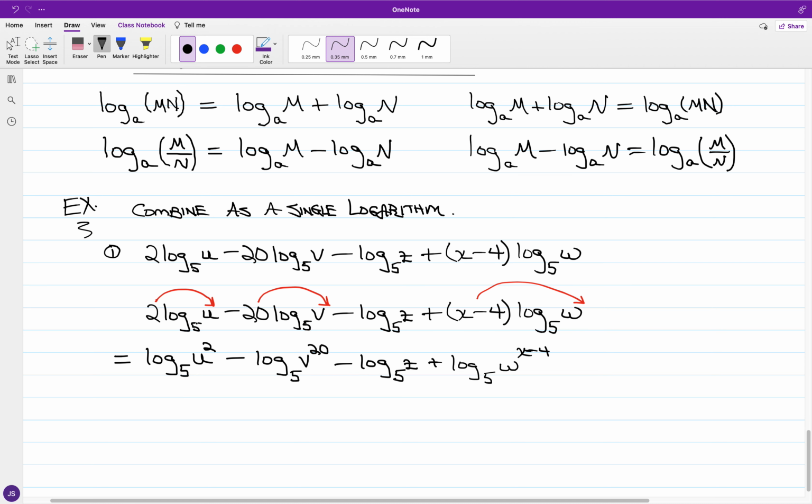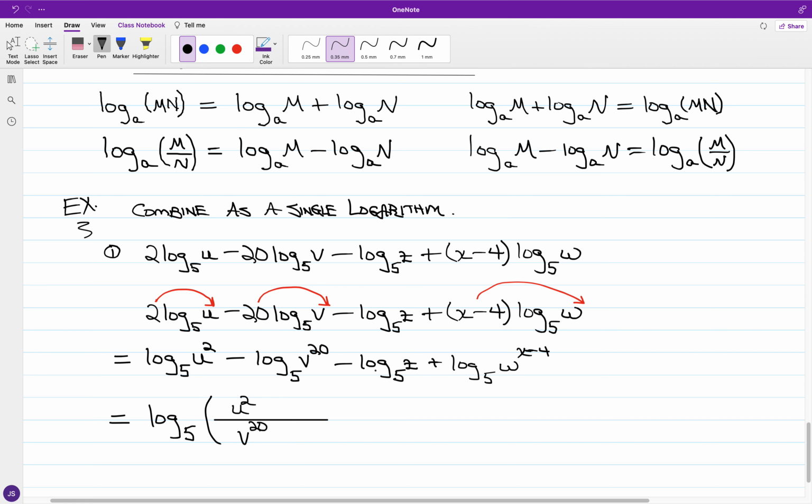And since this first term is positive, u squared goes on the top. Next term we have v to the 20th as the attachment. This is part of a negative base 5 logarithmic term, so the negative signals that v to the 20th goes on the bottom.